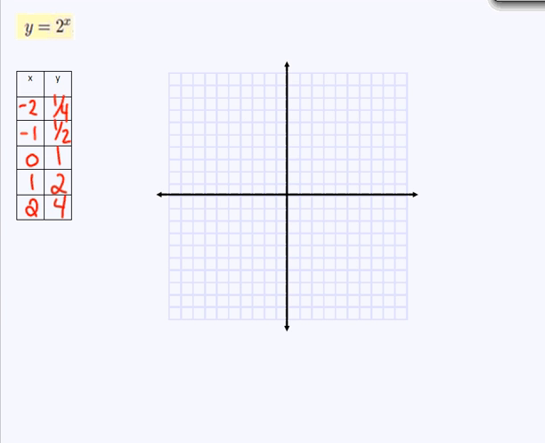So we've got -2, 1/4. We've got -1, 1/2. We've got 0, 1, 1, 2, and 2, 4.